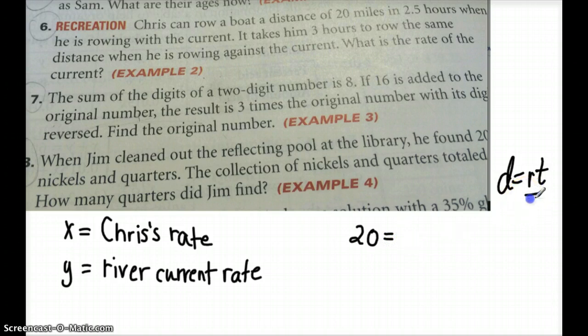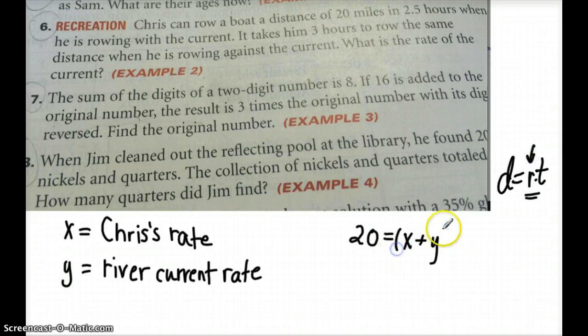So distance equals rate times time is just something you need to memorize. The distance would be 20. His rate would be his rate plus the current's rate, which would be y. So x plus y would be how fast he's going, the rate.